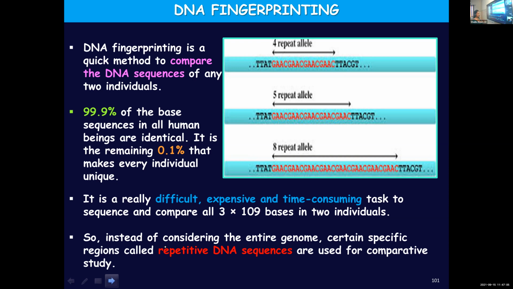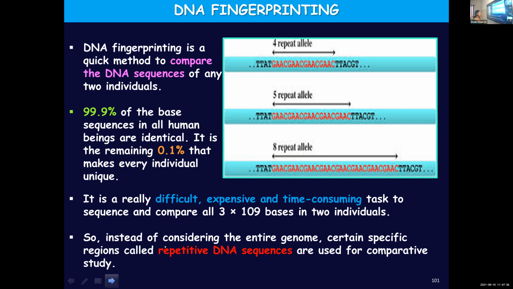DNA fingerprinting is a quick method to compare the DNA sequences of any two individuals. 99.9% of the base sequences in all human beings are identical, but the difference in only 0.1% makes each one unique.